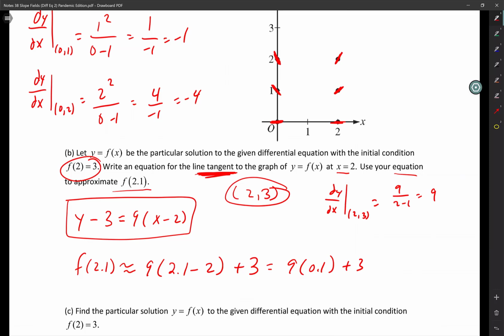9 times 0.1 is what? Oh, man. What's 9 times 1? 9. So what do you think 9 times 0.1 is? 0.9. 0.9 plus 3? 9. 9.3. Oh, yeah, I got it wrong.